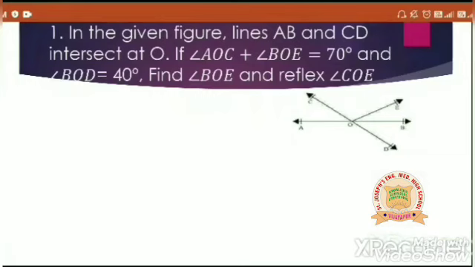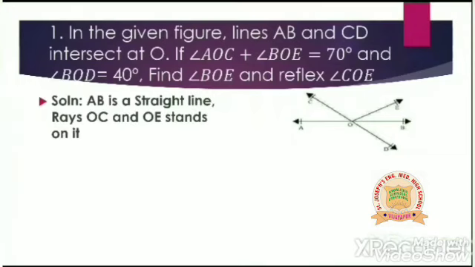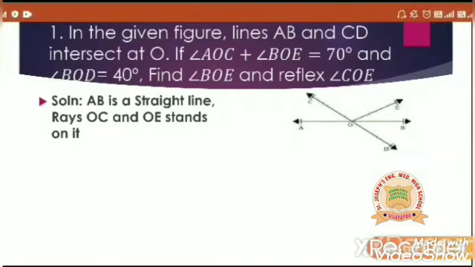Now solution. AB is a straight line, as has been given here. Rays OC and OE are standing on that line.